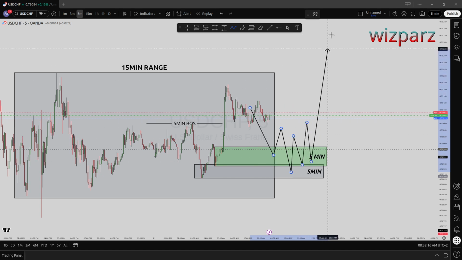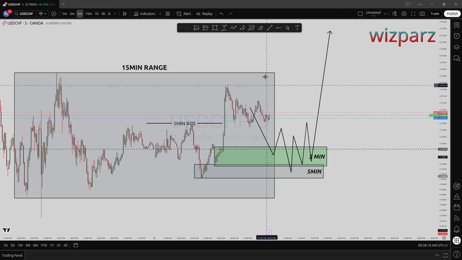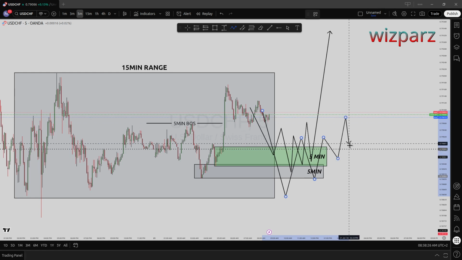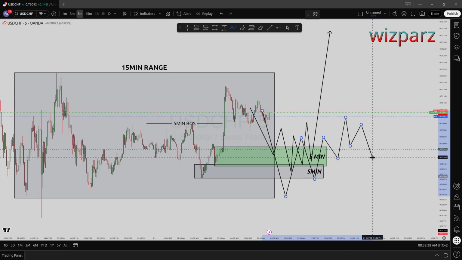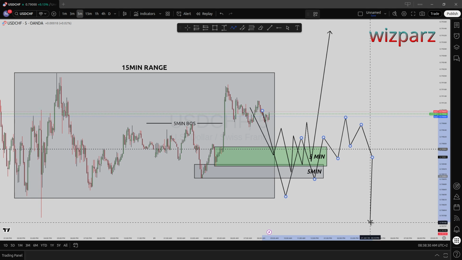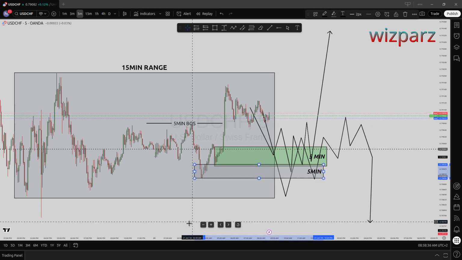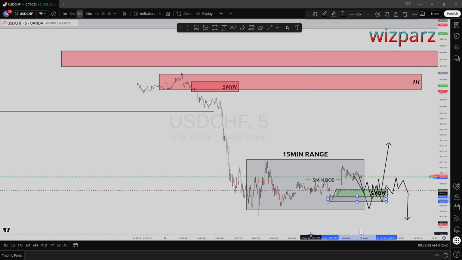Then I'm going to go long, and if price breaks this structure to the downside, I'm going to look for short, if price breaks this low.